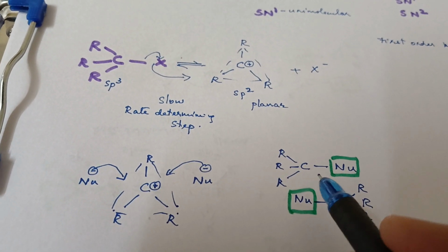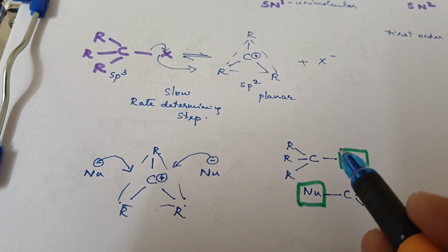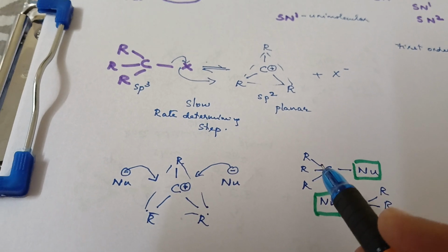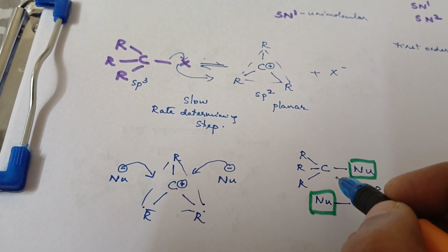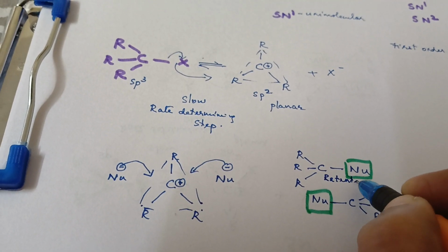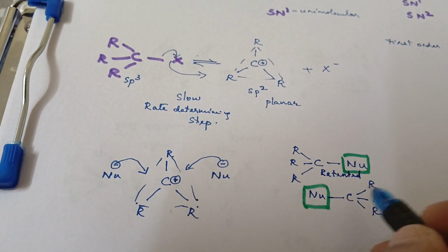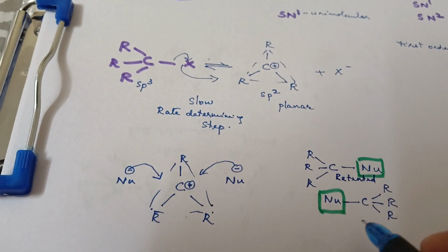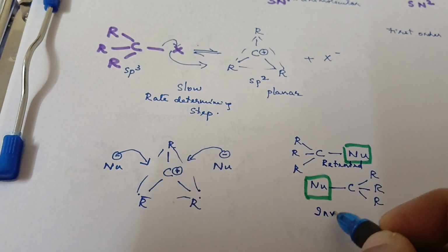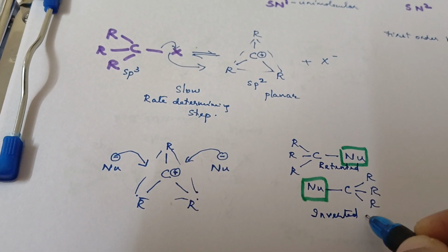So where the product is retaining its original orientation or the orientation of the reactant, we call it the retained product. That is, it has retained its orientation. And this is the inverted product.